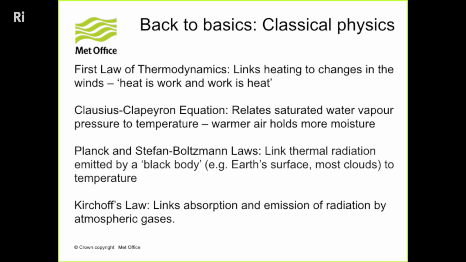And then there are the fundamental laws of radiative transfer, the Planck and Stefan Boltzmann laws that link thermal radiation emitted by a black body, that's typically the Earth's surface, and most clouds actually behave as black bodies, to temperature. And finally, there's Kirchhoff's law that links absorption and emission of radiation by atmospheric gases. So this is the classical physics that underpins climate science.